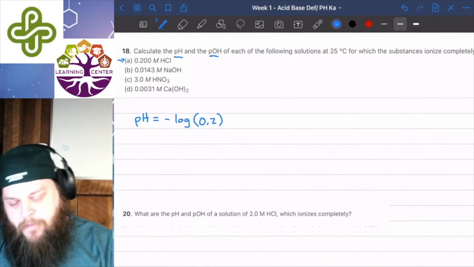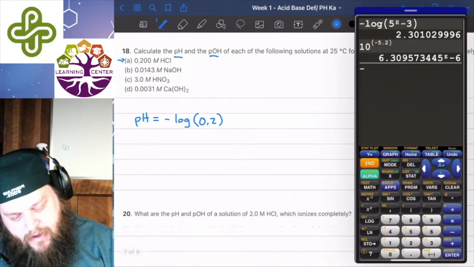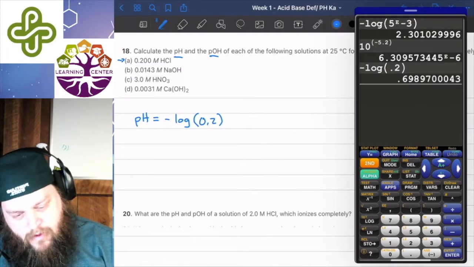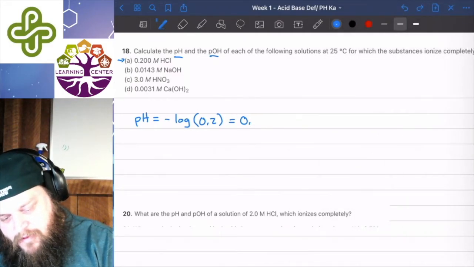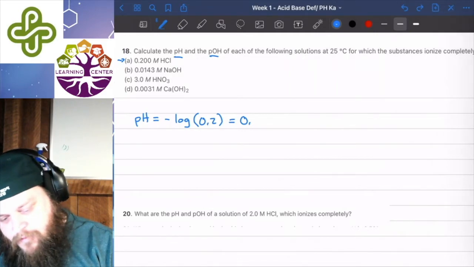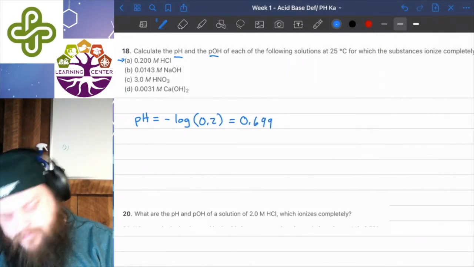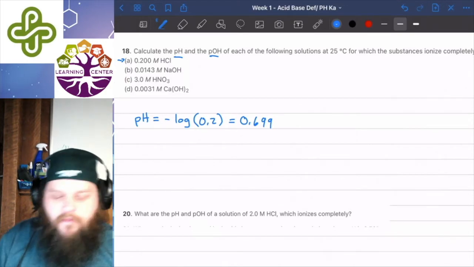So we can plug that into our calculator, hit negative log 0.2, and that gives us a pH equaling 0.69, 0.7 we'll say. I guess 3 sig figs. I should go 0.699. Yeah, perfect. You got it.